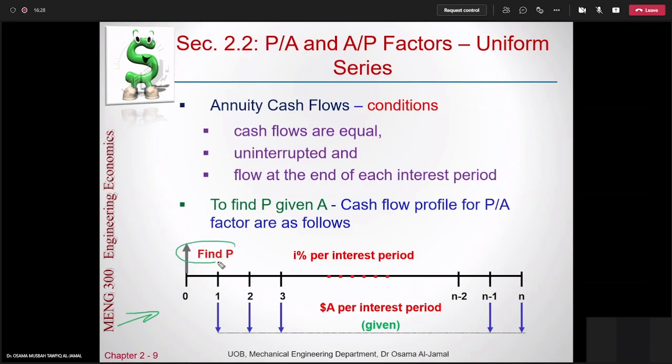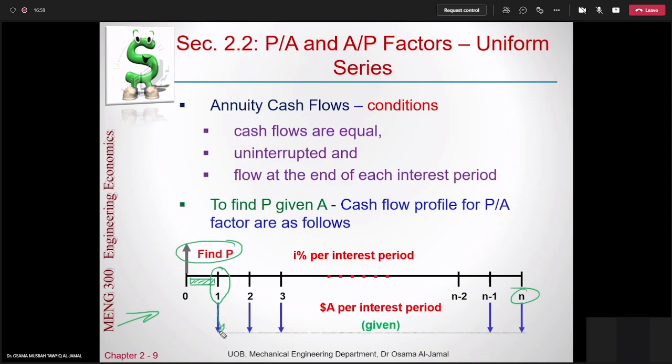We want to find the P for a given annuity. Notice the end of the first period. This is our first period in here. End of that period, so it will appear at year 1, at the end of year 1. Then the second year, third year, n-1, nth year. It's continuous from year 1 to year n.